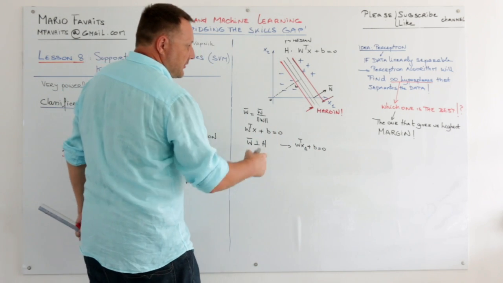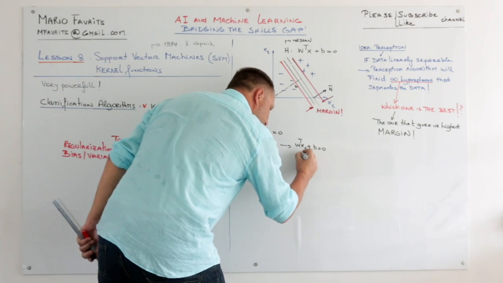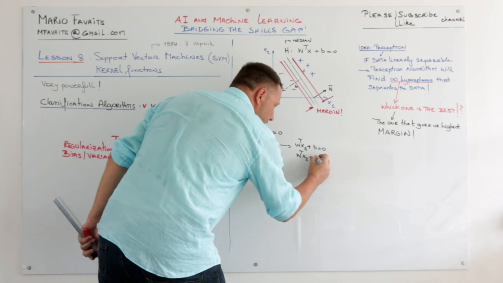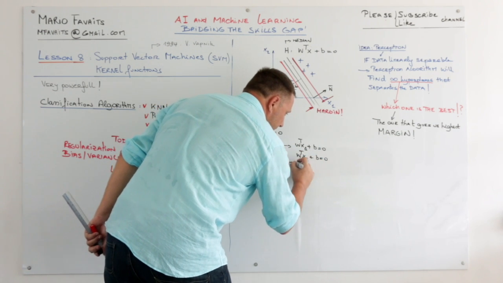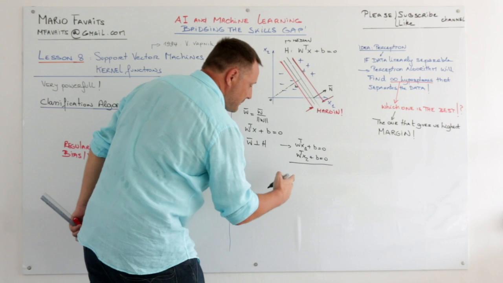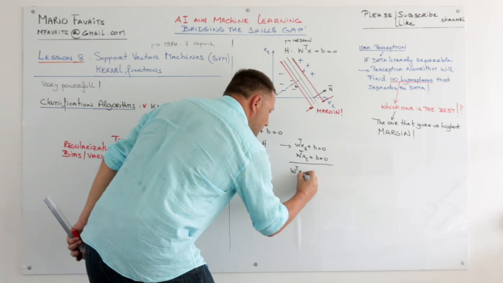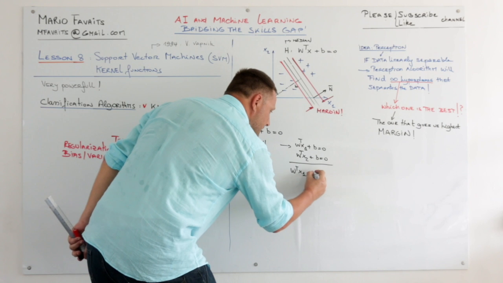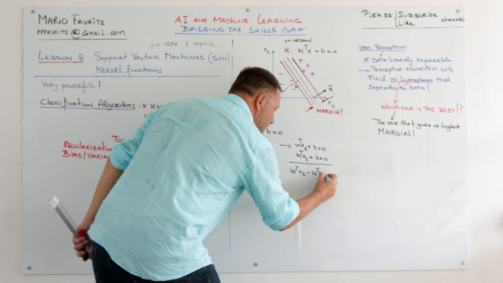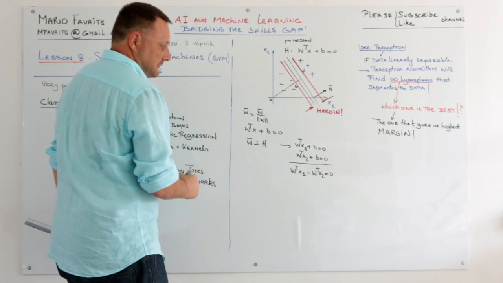You have another point, x2, where w transpose x2 plus b equals 0. And now when you subtract them from each other, you have that w transpose x1 minus w transpose x2 equals 0.